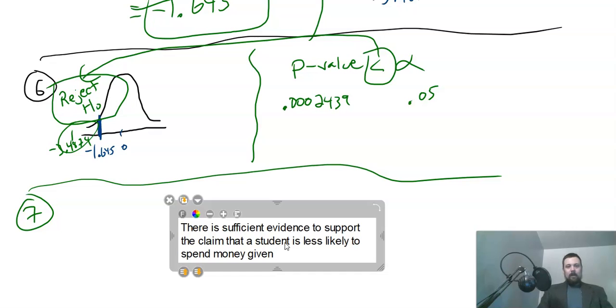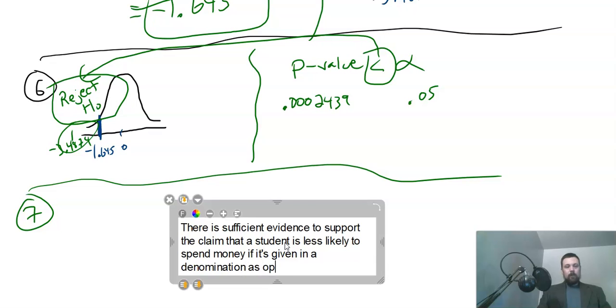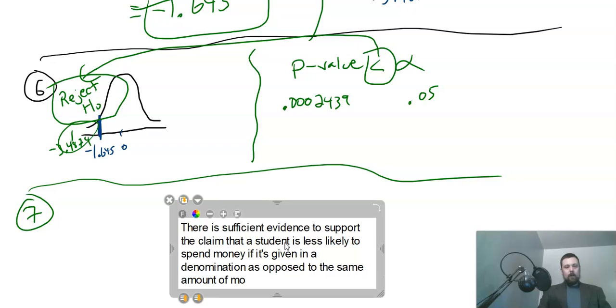So, is less likely to spend money if it's given in a large denomination, as opposed to the same amount of money in smaller denominations.